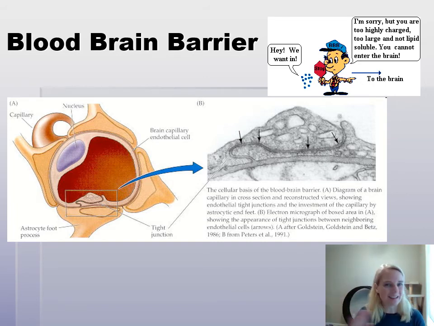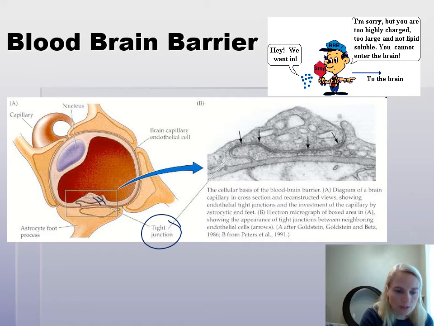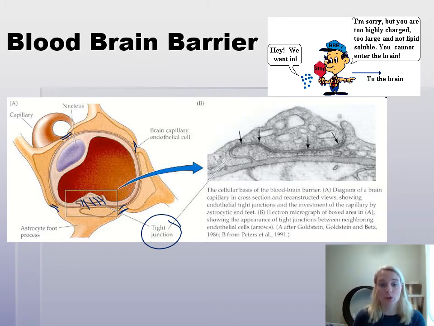So there's nothing going to be leaking out of that blood capillary that isn't allowed to come out of that blood capillary. There's going to be tight junctions, they're kind of showing them here, between the endothelial cells, and there will also be tight junctions or something similar to them between the astrocyte projections.